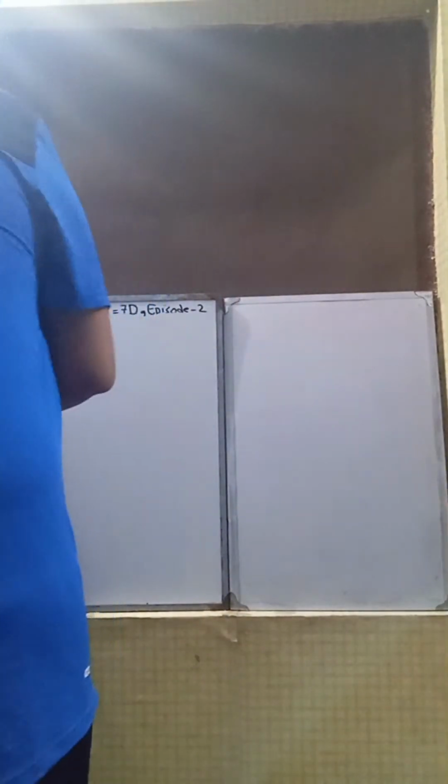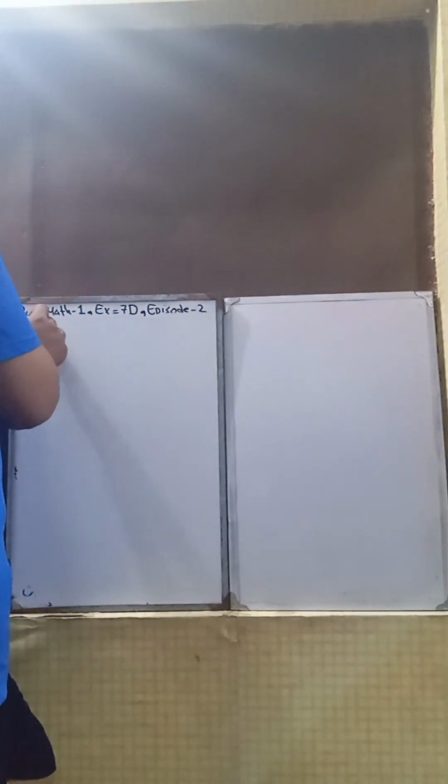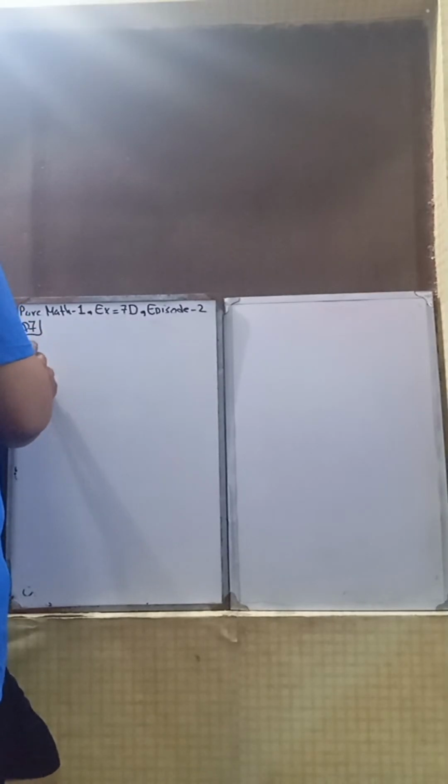In question number 7, they have given us a table, and we have to fill that table. I'm just making the table here. Here we have the values of x, then we have dy by dx, and then we have d square y by dx square.